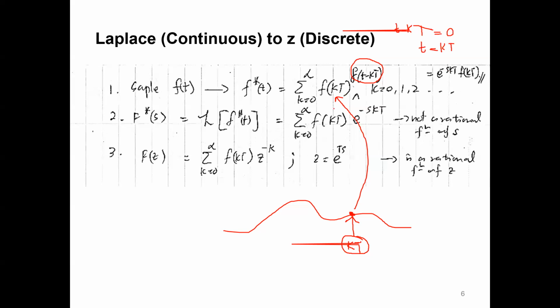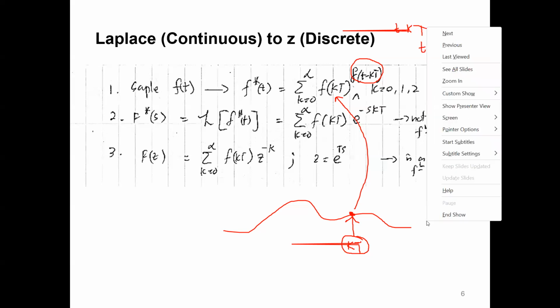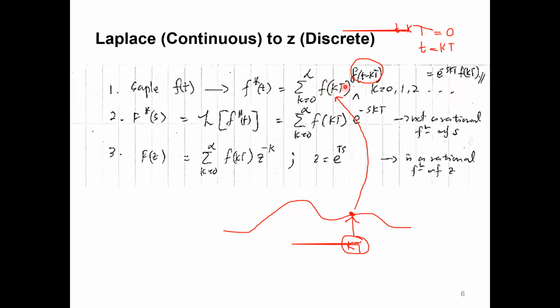Now this is just one sample, the magnitude and the position. Magnitude, this one, and the position, this time kT. This whole thing is just one sample, and there are a lot of samples like that, the sample just before this one and after this one.